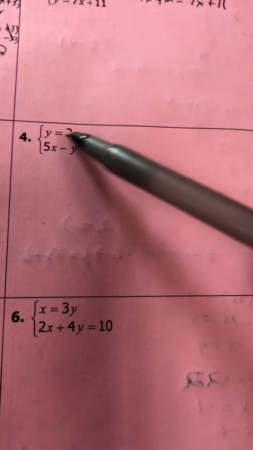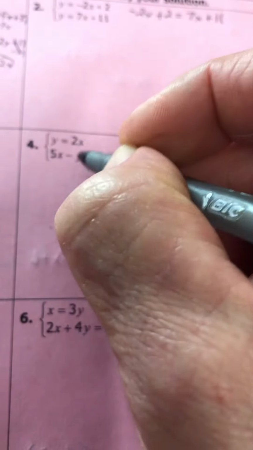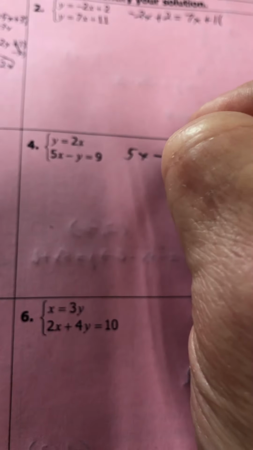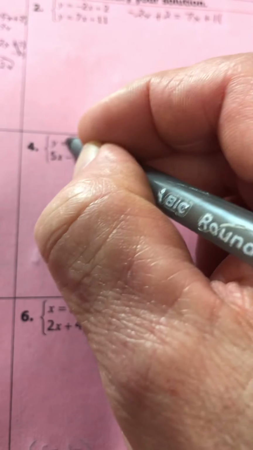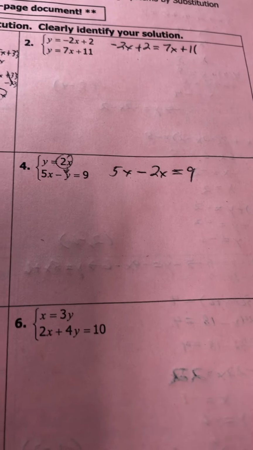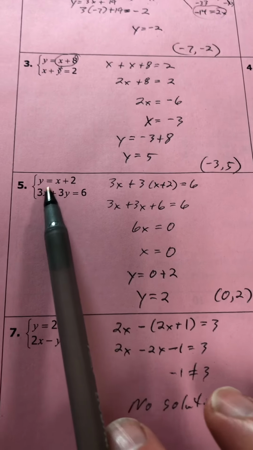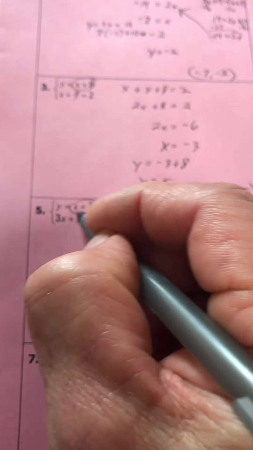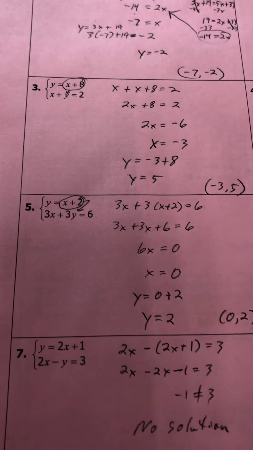This one tells you what y equals, so the way to set it up, you're going to have 5x minus whatever this is, so minus 2x equals 9. I just plugged this in right there, okay? All right, number 5. I am taking this value, and I'm plugging that into that y value right there.